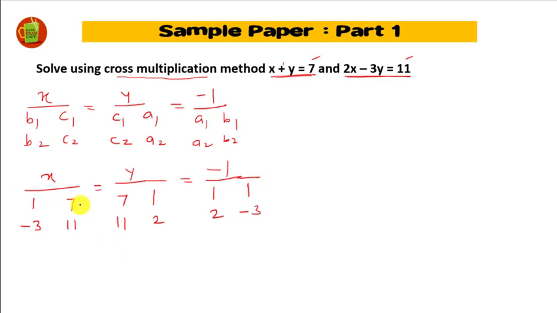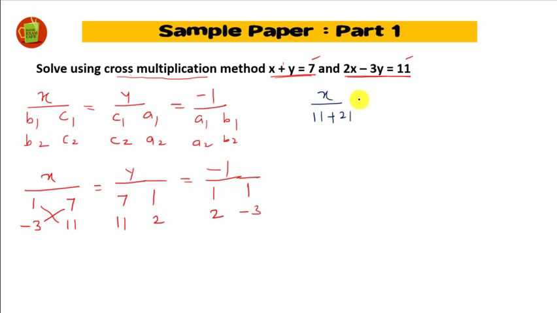Further we solve this by cross multiplying. Cross multiply in this way: we multiply this first, then we multiply this, and subtract. So first, x upon 11 ones are 11, and 7 threes are minus 21, and minus that will be plus 21.